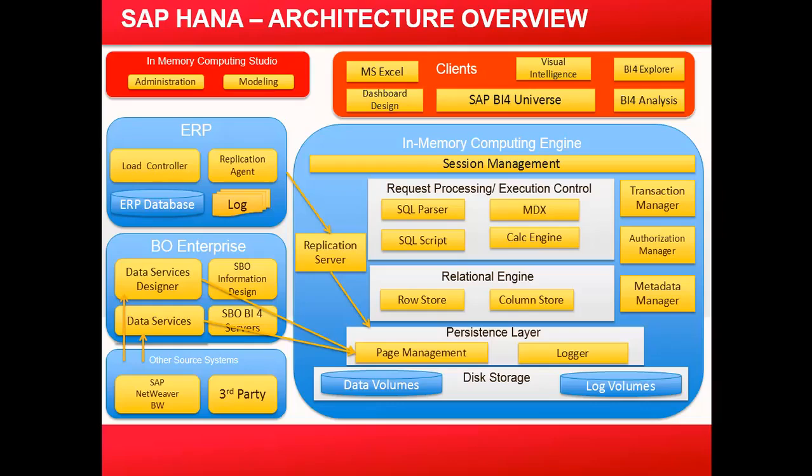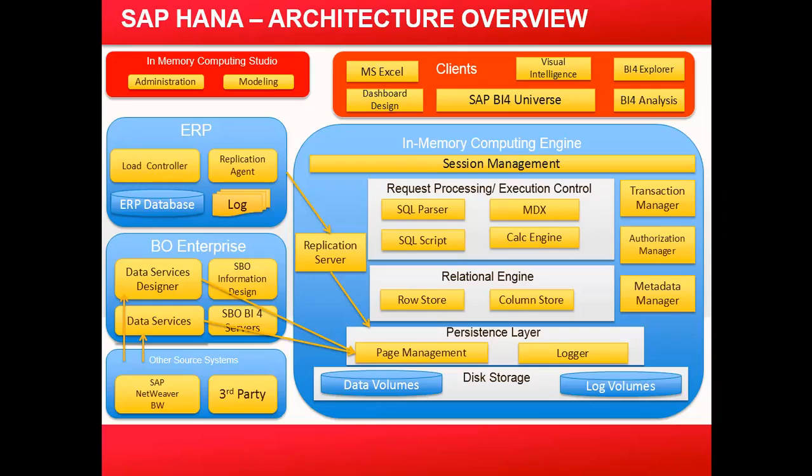Okay, so that is the modeling aspect of it. Reporting aspect, we just saw how the different BI platform reporting components can be used, which can use different types of drivers like the JDBC driver or ODBC driver that comes together with SAP HANA. So that can be used.